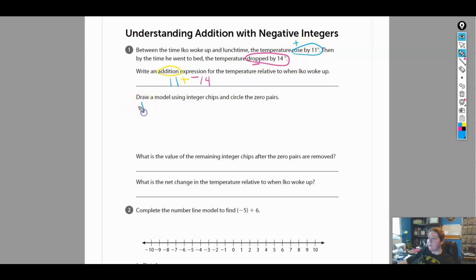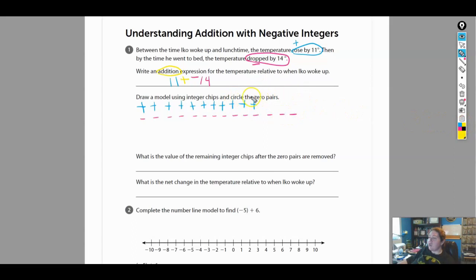So I'm going to use 11 plus signs. 1, 2, 3, 4, 5, 6, 7, 8, 9, 10, 11. And I've got 14 negatives, so I'm going to use a negative sign 14 times. 1, 2, 3, 4, 5, 6, 7, 8, 9, 10, 11, 12, 13, 14.